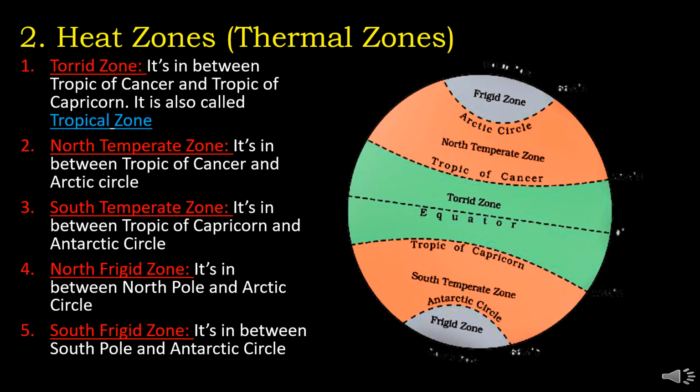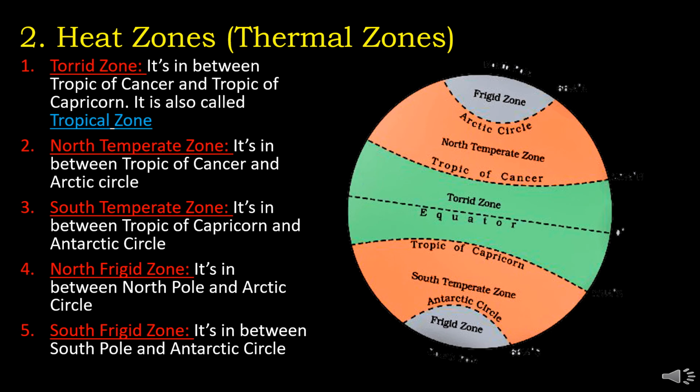The second use of latitude is dividing the earth into three thermal zones or heat zones. Besides helping us to locate places on maps and charts, lines of latitude divide the earth into distinct heat belts.